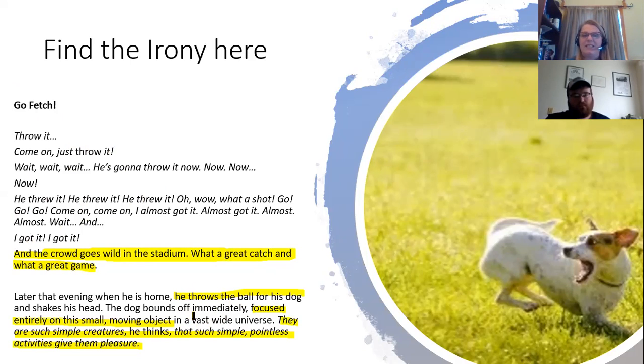So I think what's going on here, we have this parallel structure of the guy doing it, then the dog doing it. But what makes it ironic is his comment at the end where he says, they are such simple creatures, he thinks, that such simple, pointless activities give them pleasure.